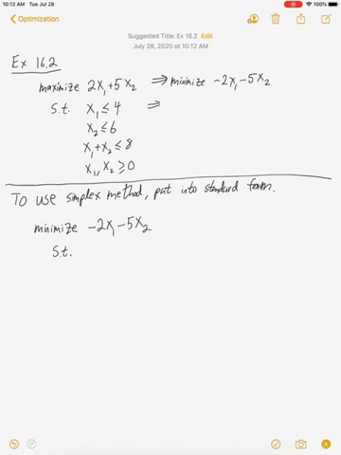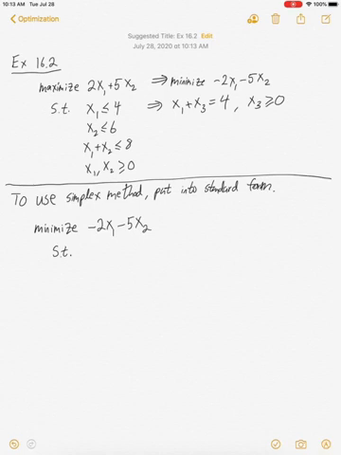Okay, so x1 less than or equal to 4. How do we turn that into an equality constraint? Well, we add an extra variable x3, and we say that x1 plus x3 is going to equal 4. And we're going to also require that x3 is at least 0.